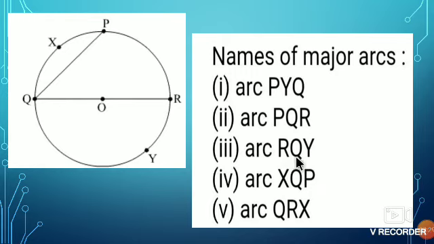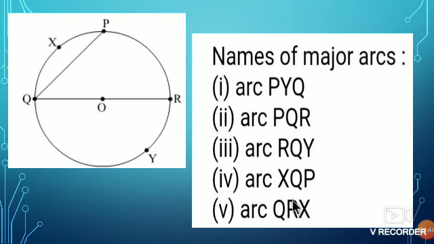Third is when R and Y are the end points, so you can write RPY or RXY or RQY. Any one you can write here.